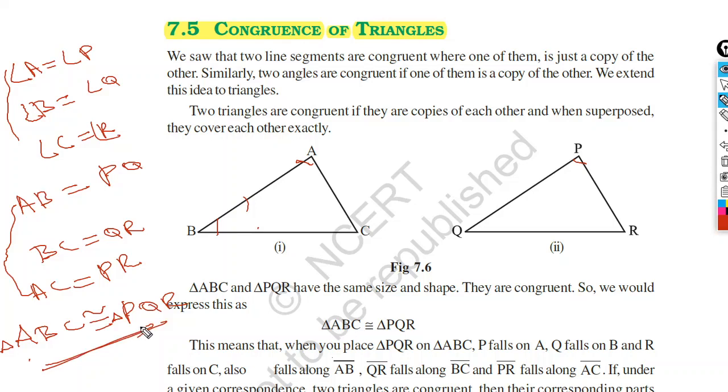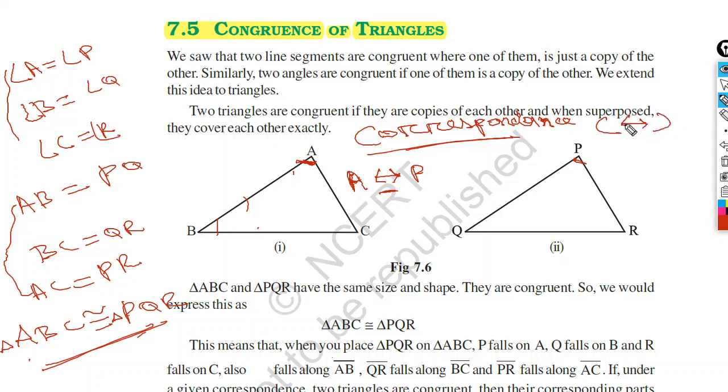But here there is an important thing that we have to see: correspondence. Another term arises. Correspondence. What is correspondence? That is, related. You can say A is corresponding to which point here? P. We can write it like this: A corresponds to P. This symbol is for correspondence.